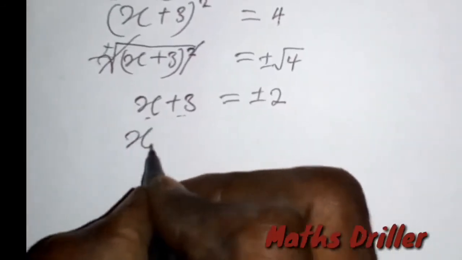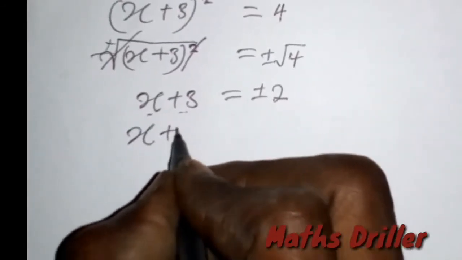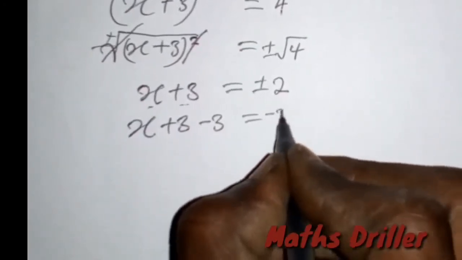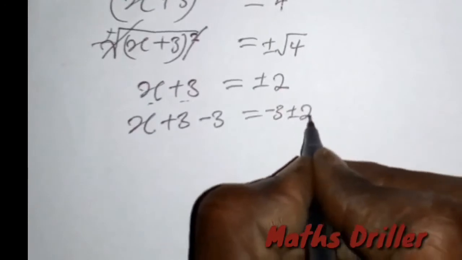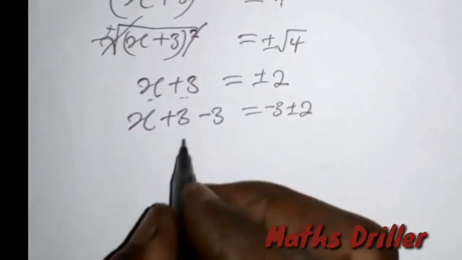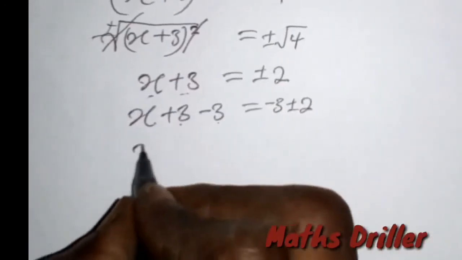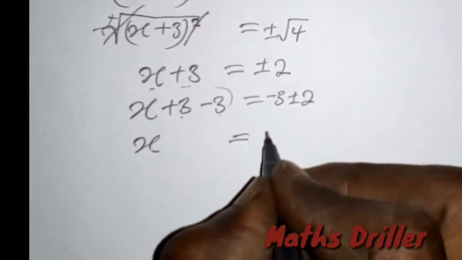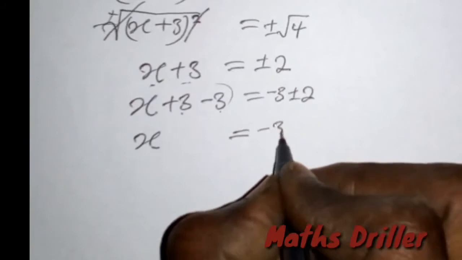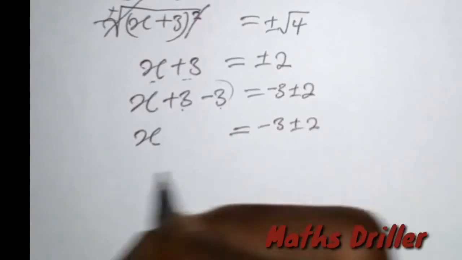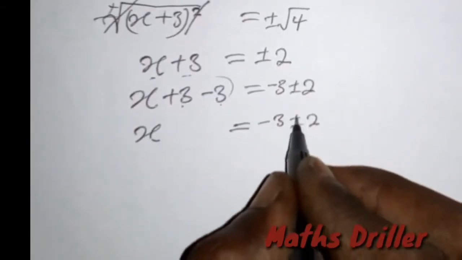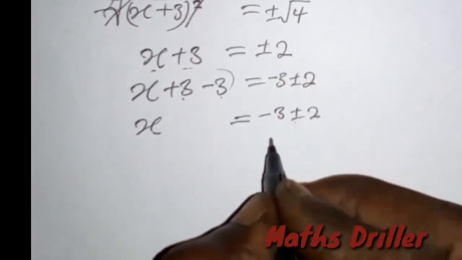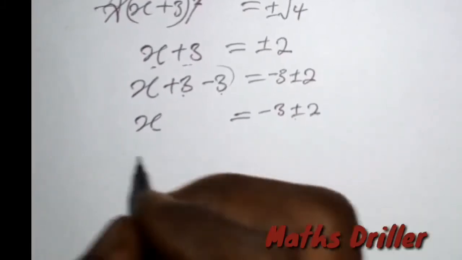We have x plus 3 minus 3 is equal to minus 3 plus or minus 2. Therefore, this minus 3 is the same thing as x, because here is 0, which is equal to minus 3 plus or minus 2. Due to having these two signs, plus or minus, we are going to have two values of x.